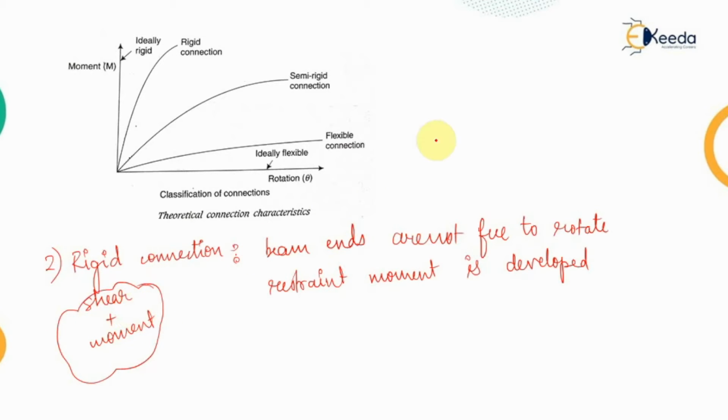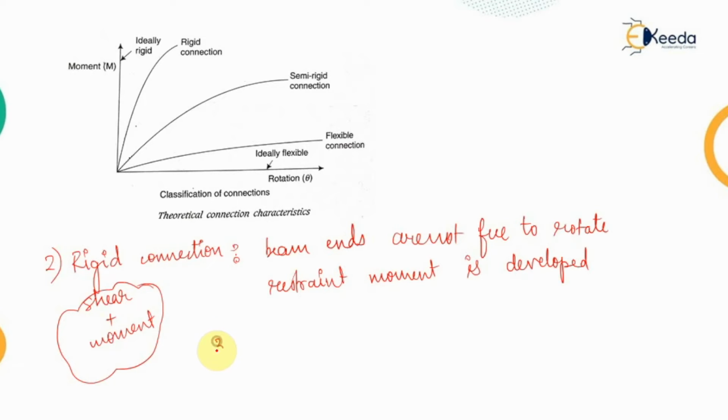So that means majorly we have discussed two types of connection, that is the flexible and the rigid connection. In the flexible one, the members are free to rotate, while in the rigid connection those are not free to rotate. But ideally it is not possible to achieve either a perfectly flexible connection or a perfectly rigid connection. So that means the condition lies somewhere in between.